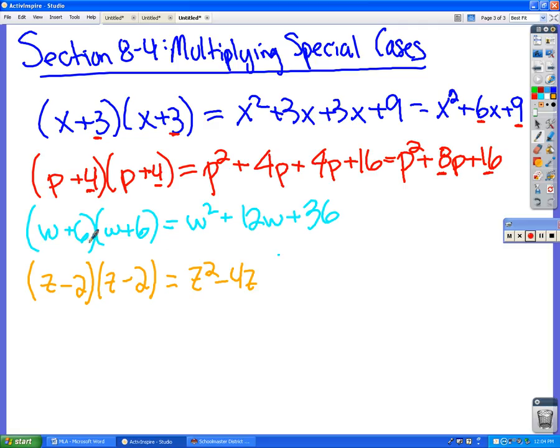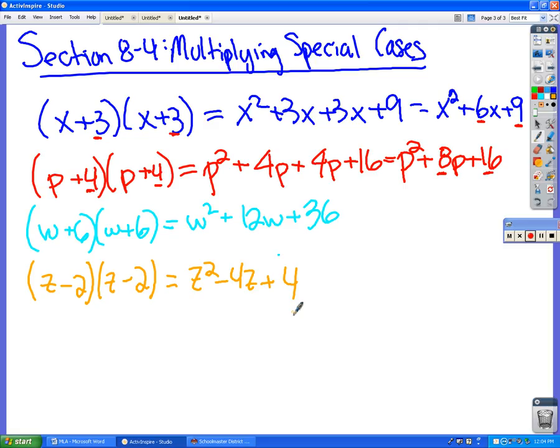We started with 6, we got 12. We started with 4, we got 8. We started with 3, we got 6. So if I start with negative 2, I'm going to double that still and get negative 4. Plus 4. Why is it plus 4 and not minus 4?